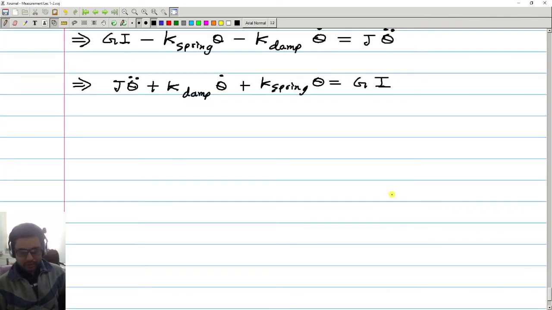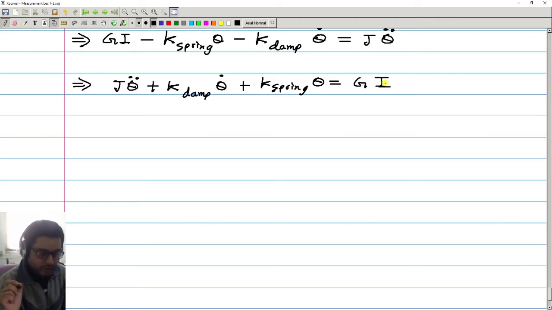Now our purpose here is to solve this differential equation, given some current, and predict how the pointer will move. So why is that important?